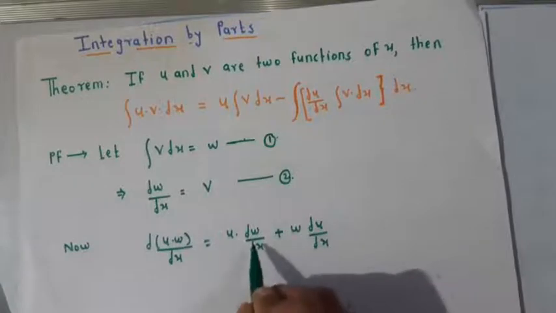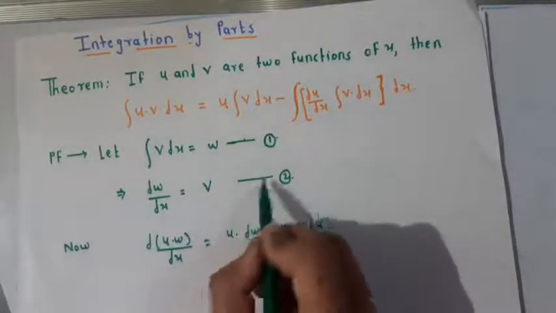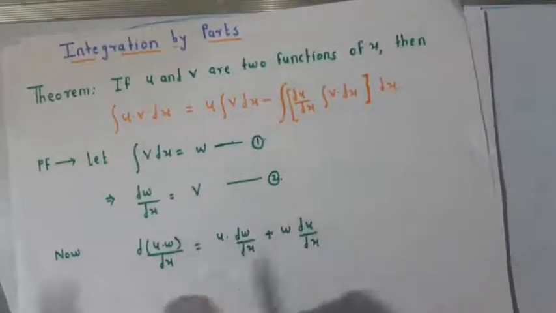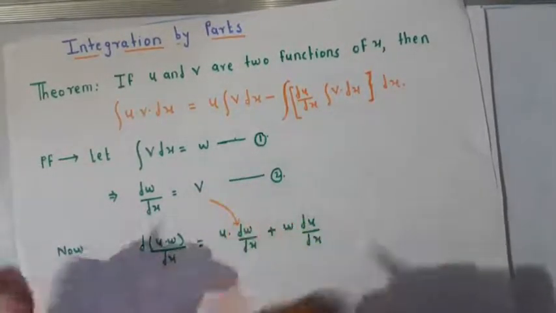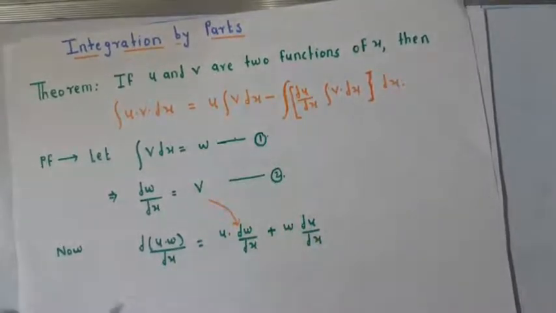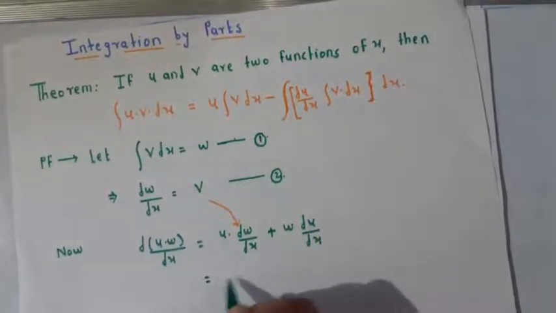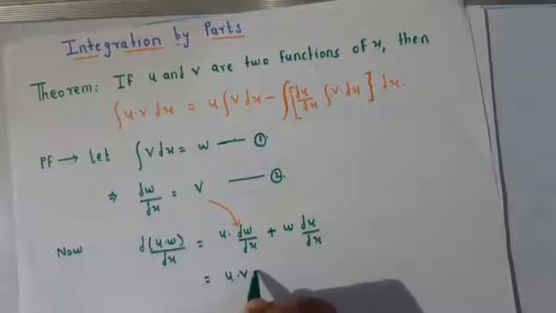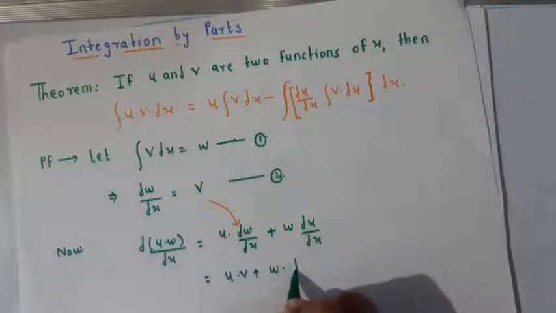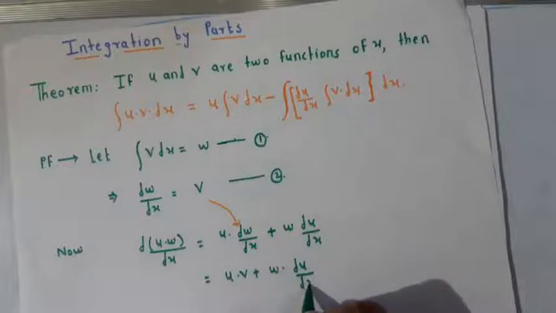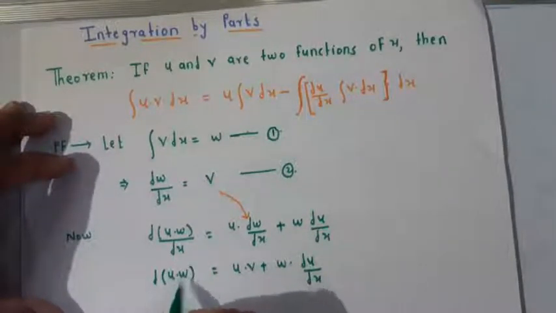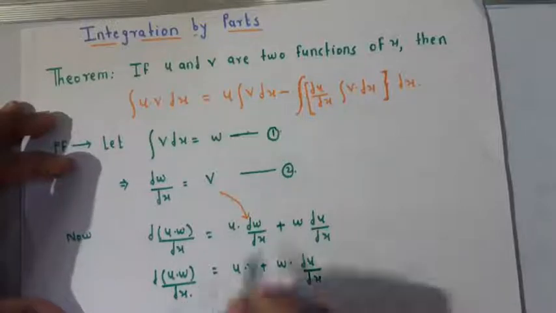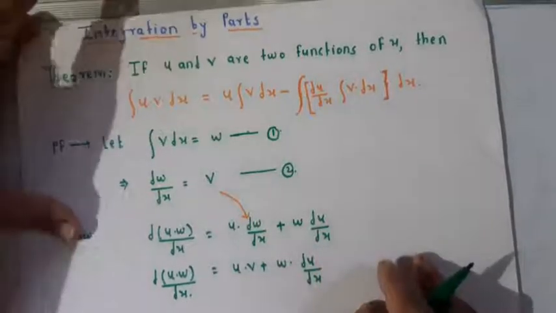And from statement 2, the value of dw by dx is v. So we can write u into v plus w into du by dx, and that is the differentiation of u into w with respect to x.